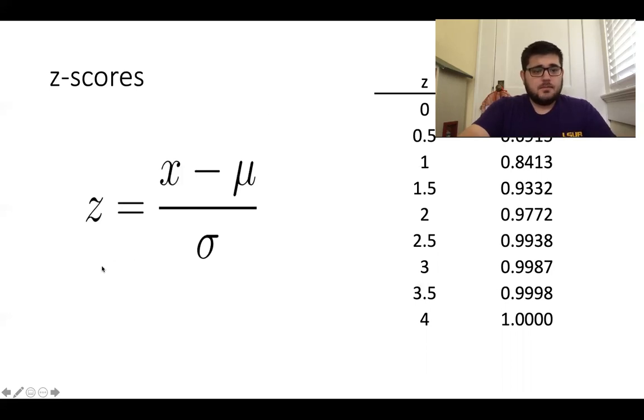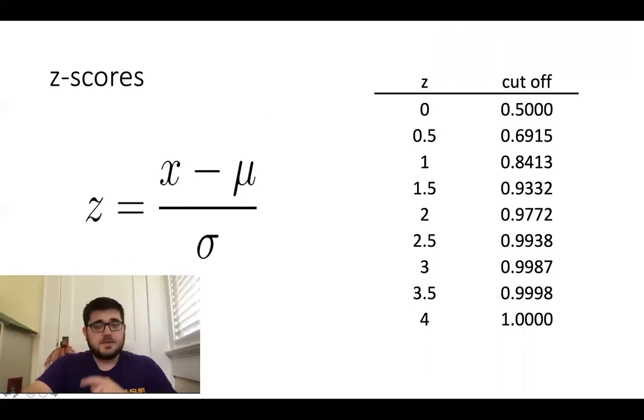One of the most important concepts that helps you understand the normal distribution and also constitutes our first, it's not really a statistical analysis, but it kind of is, is the Z-score. A Z-score in words represents the distance between an observation, X, and the population mean, mu, the Greek lowercase mu right there.